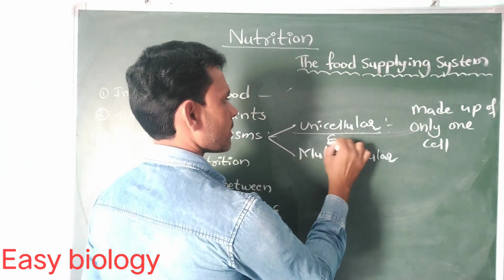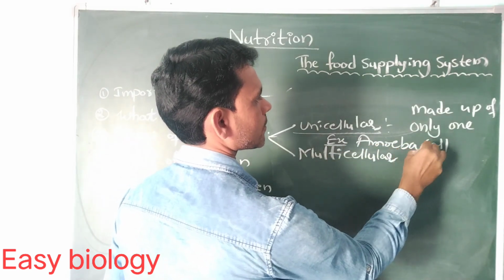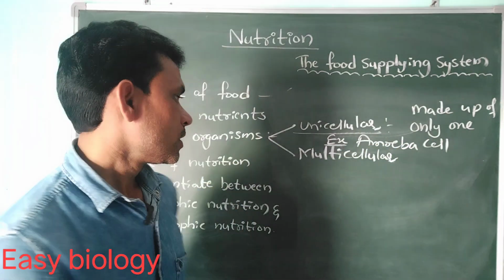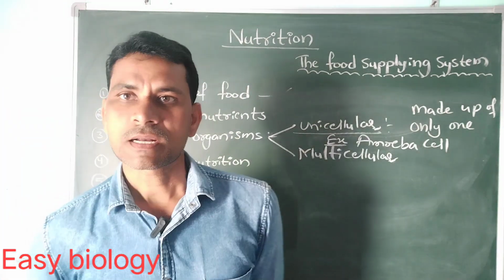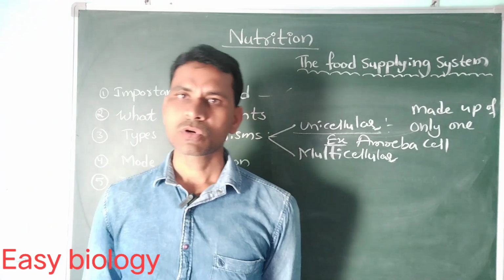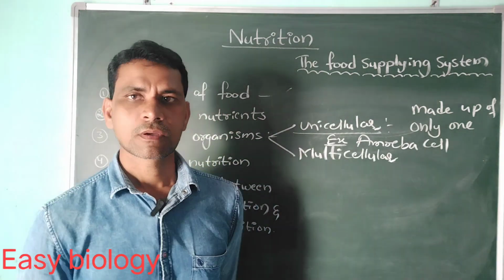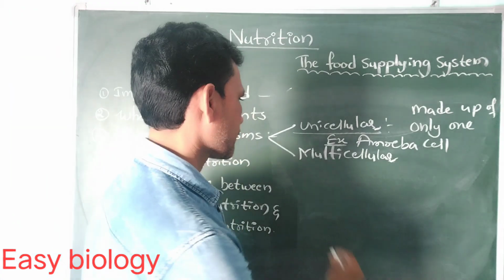Examples are amoeba, paramecium, etc. So what are multicellular organisms? Organisms which are made up of more than one cell are called multicellular organisms.